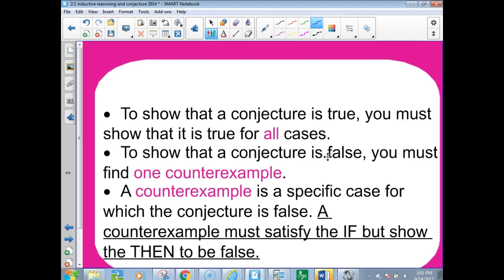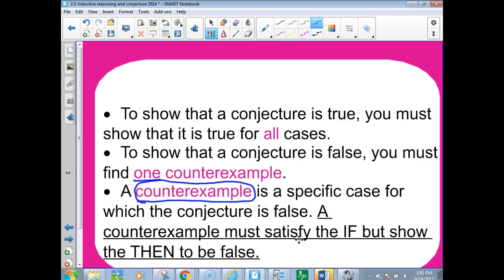To show that a conjecture is false, you must find one counterexample. All it takes is one to make it not be true. A counterexample, this is the word I find students not knowing when I ask in the future, is a specific case for which the conjecture is false. A counterexample must satisfy the if, but show the then to be false. Now I'll explain what that means.